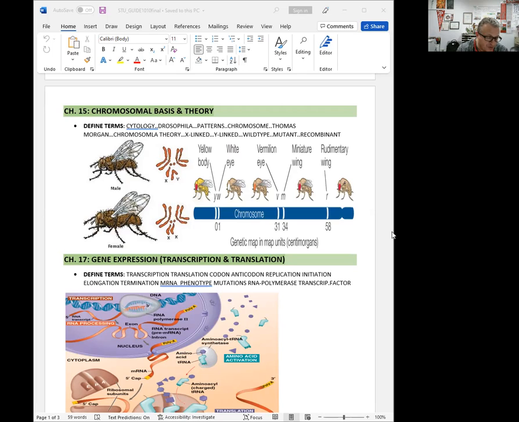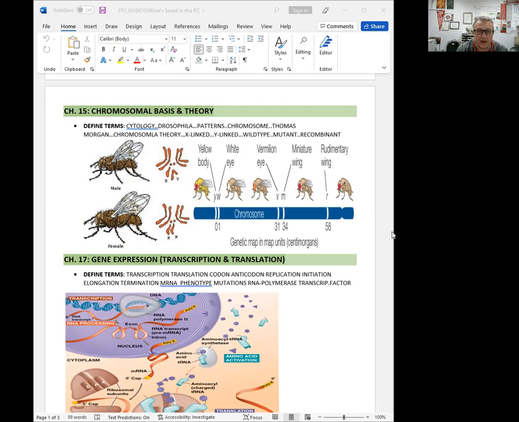Always remember, chromosomes can be autosomes or sex chromosomes. In mammals, XX is female and XY is male, but they carry more than just those sex-determining genes. They also carry other important genes.